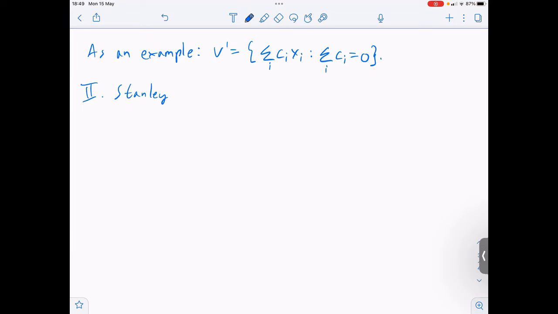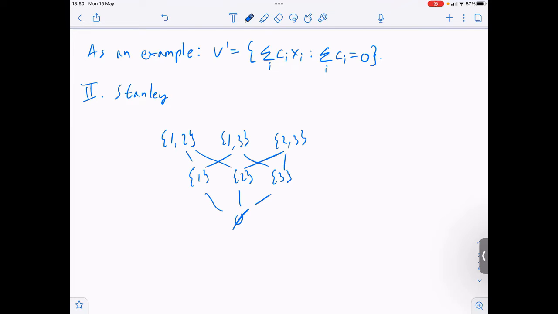Okay, so Stanley gives us a different way of thinking of these polynomials. So we look at the subset lattice. So here's a part of the subset lattice. Okay, so there's nothing too exciting here. This is the empty set, and this is the Hasse diagram of a part of the subset lattice.